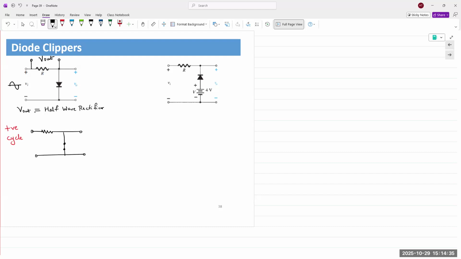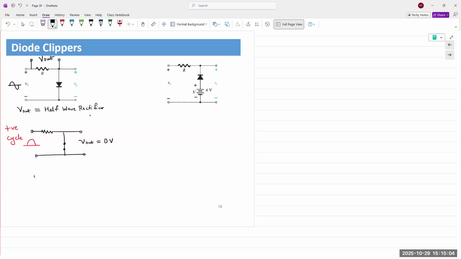So what is V out? Positive half cycle is like this. What is V out? If you're trying to measure voltage at the exact same node, what is your V out? 0 volts. So in the positive half cycle, V out is 0.